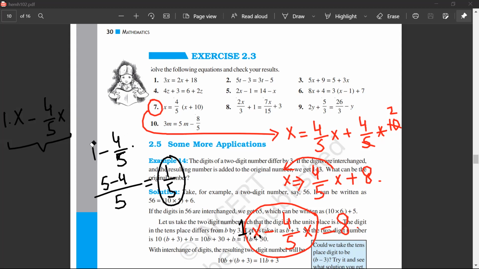If you are getting confused, just write this 1 as 1 by 1. Is it fine now? Yes. So 5 is the LCM. So a 5 will come here and a 4 will come here. Is it okay now? Yes, sir. And if you are still confused, you can write this 1 by 1 as 5 by 5.